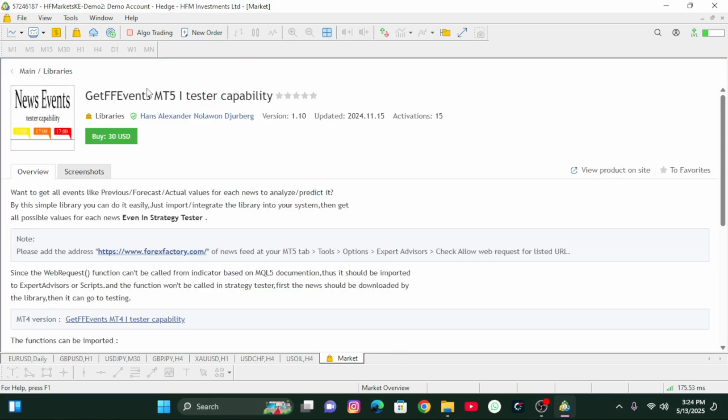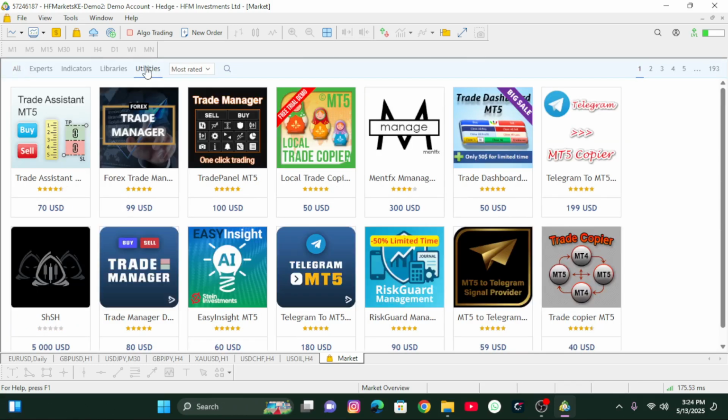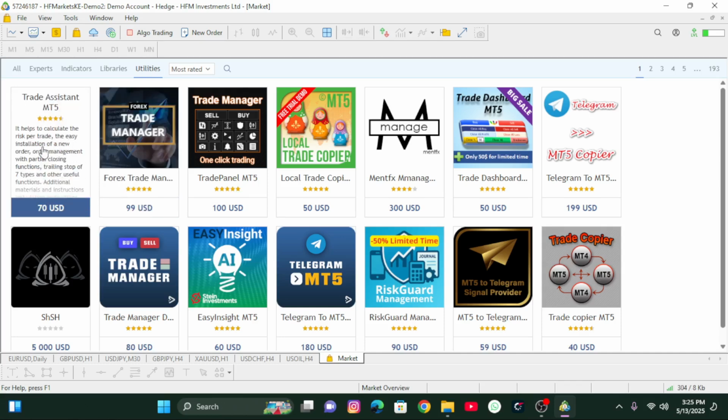Also there are utilities, like one utility that's usually used in TradingView. It's usually the sizing tool or the position tool, like the long position and short position. If you want to insert one, you can insert it through the MQL5 market, and one of them is the trade assistant.